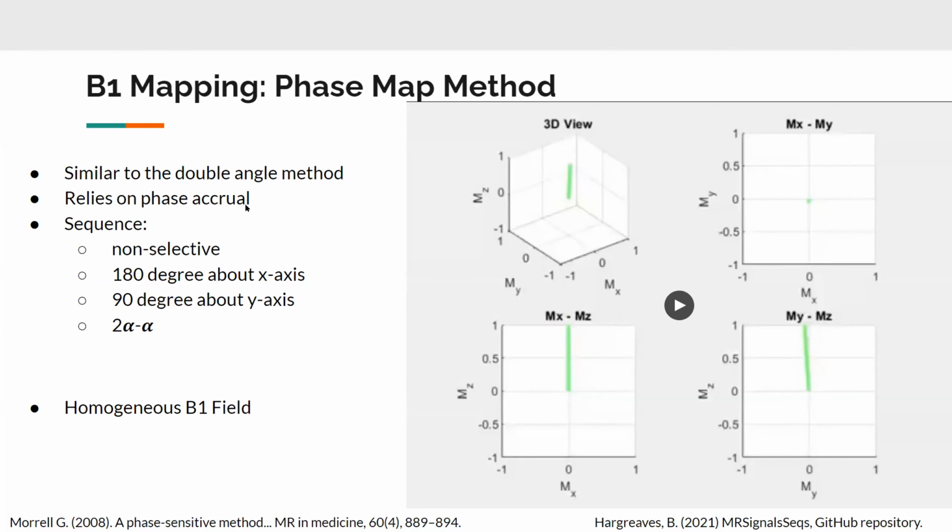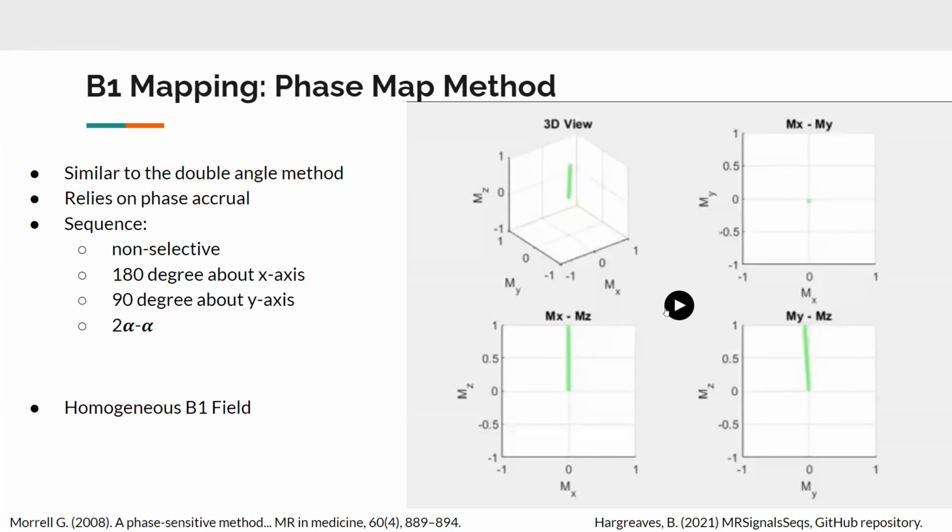One of the differences is that it relies on the accumulation of phase as we perform the sequence. The sequence that we'd run is a non-selective pulse, 180 degrees about the x-axis, followed by a 90-degree rotation about the y-axis. So it's kind of like a 2 alpha, alpha pulse.